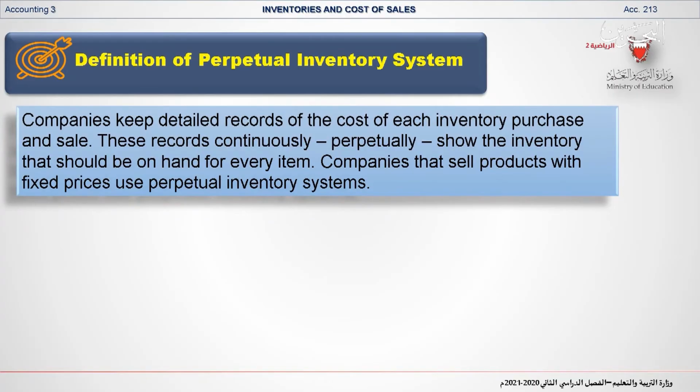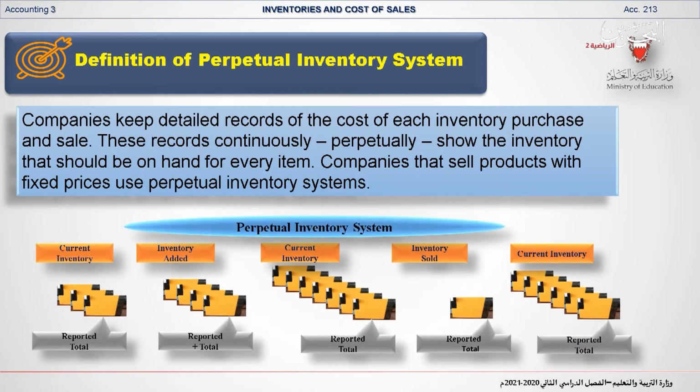So, what does the perpetual system mean and how is it different compared with the periodic system? Businesses using a perpetual inventory system take a physical inventory count in real time, which means at the same time as the transaction. For example, a grocery store.